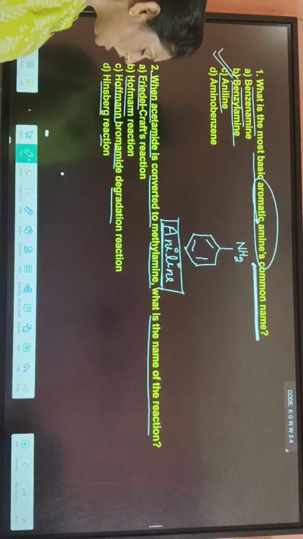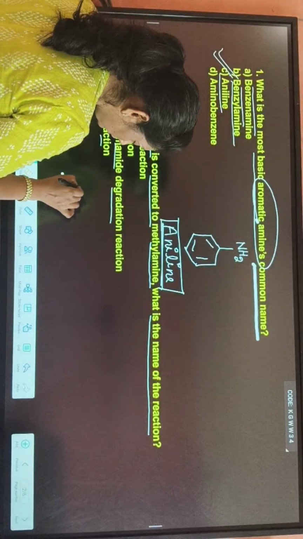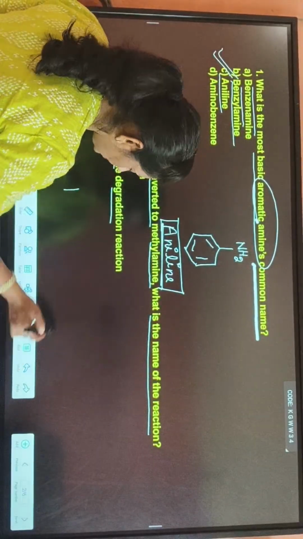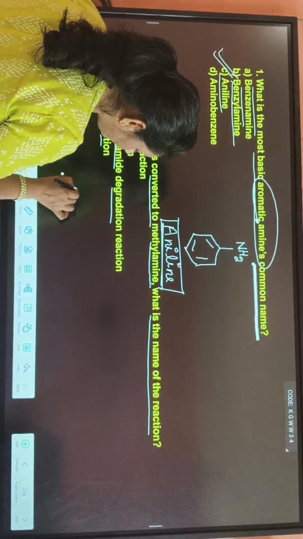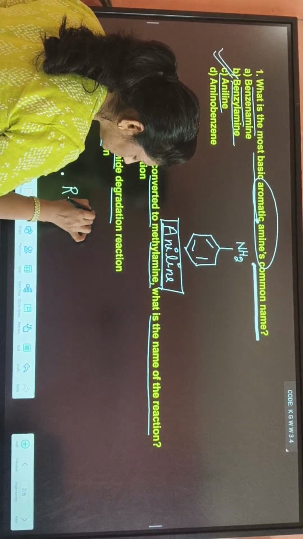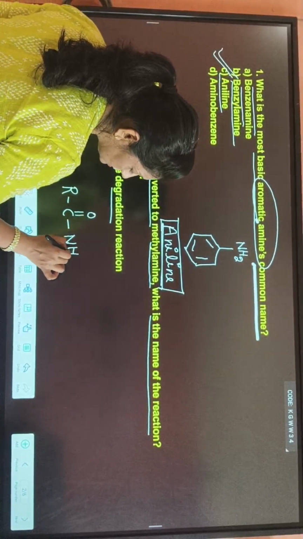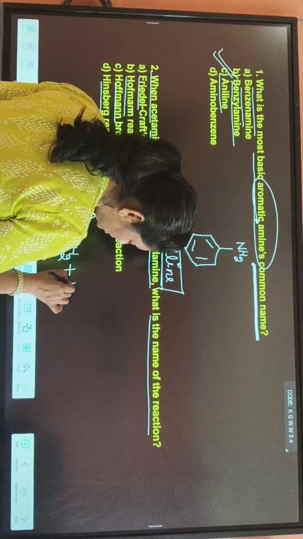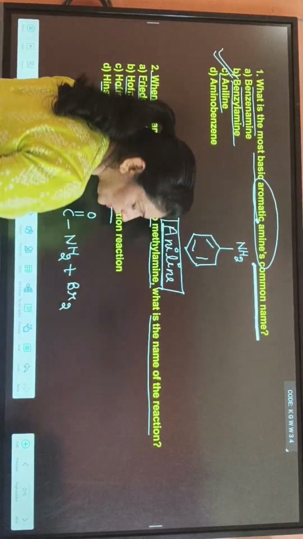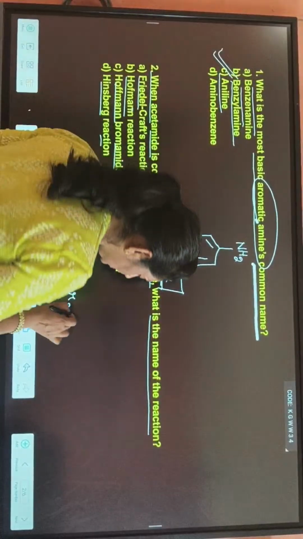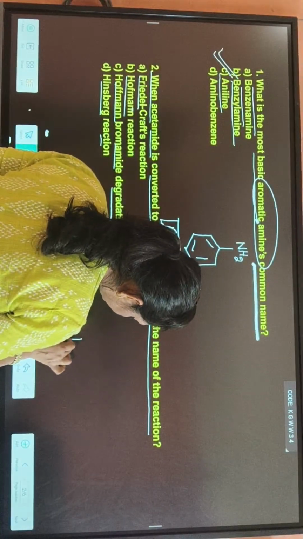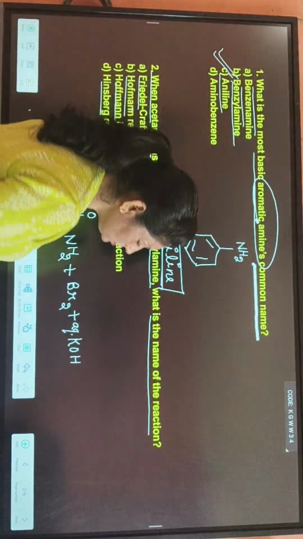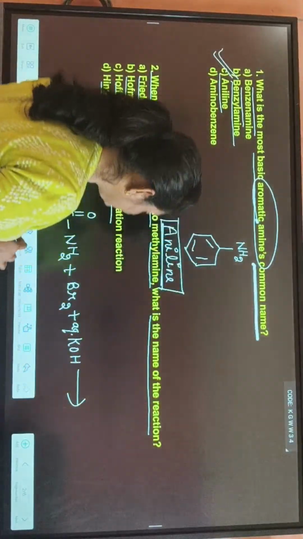Yes, students, I hope you all know very well: when we have any amide like this, and we do bromination in basic medium, either NaOH or KOH, then students, what will happen?